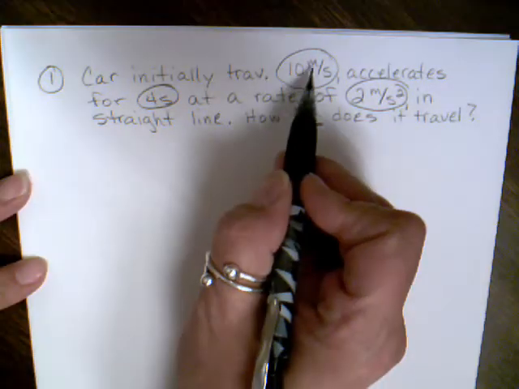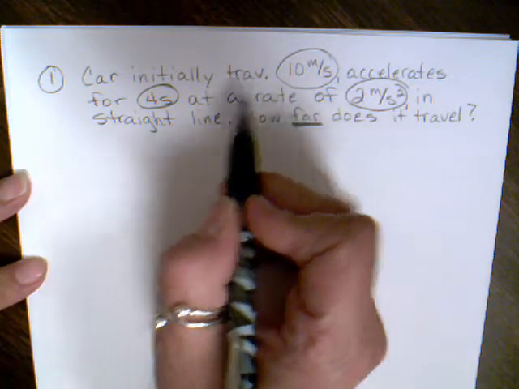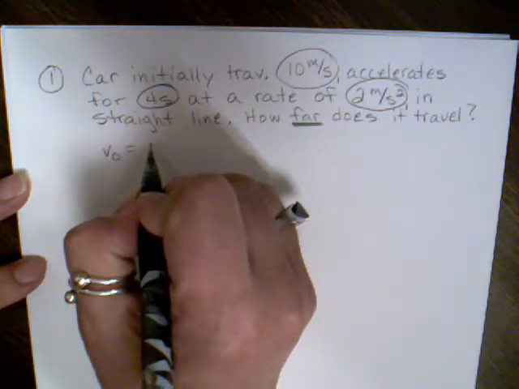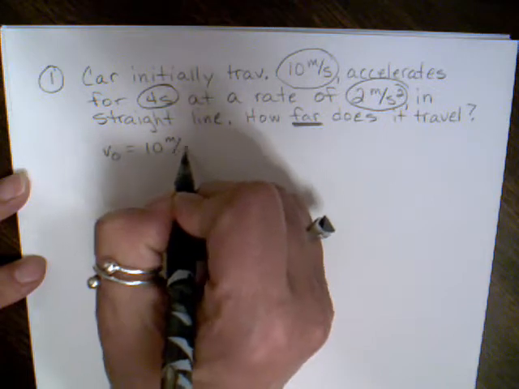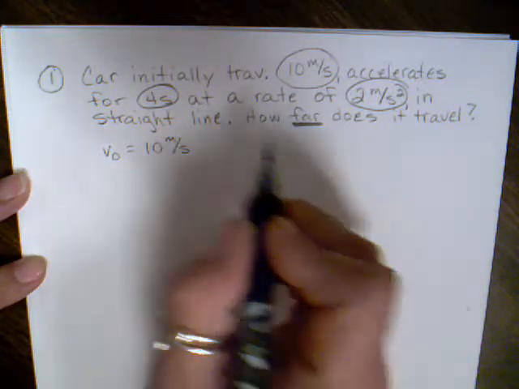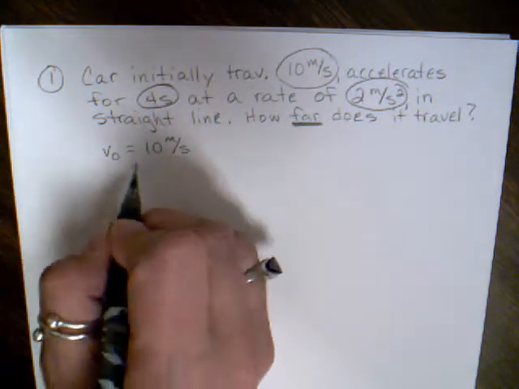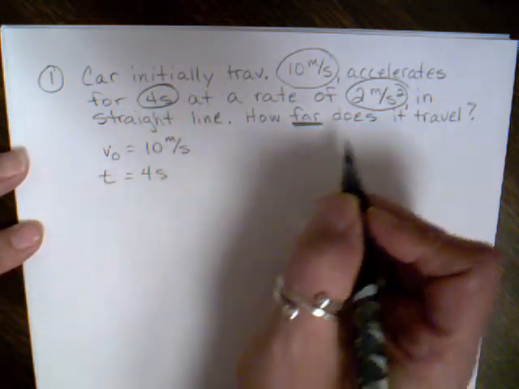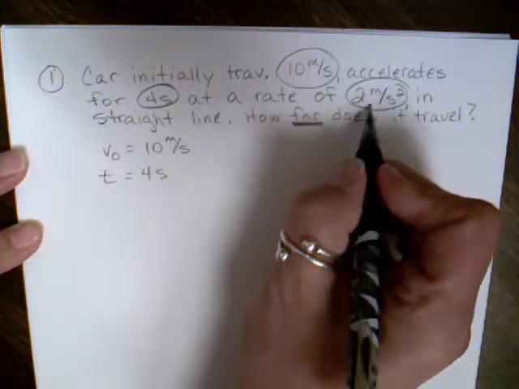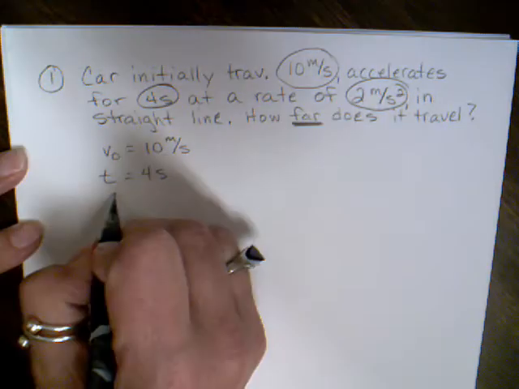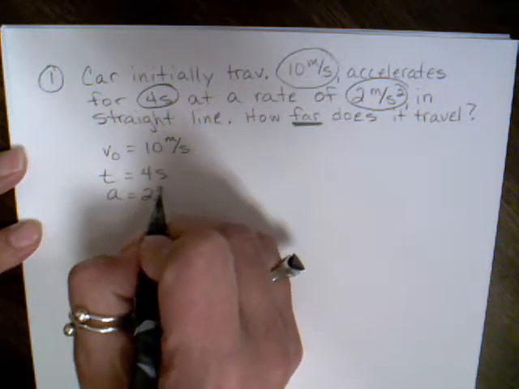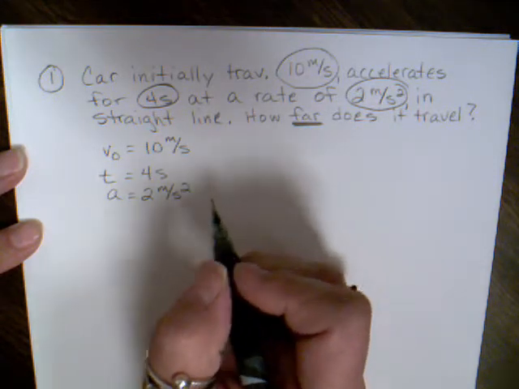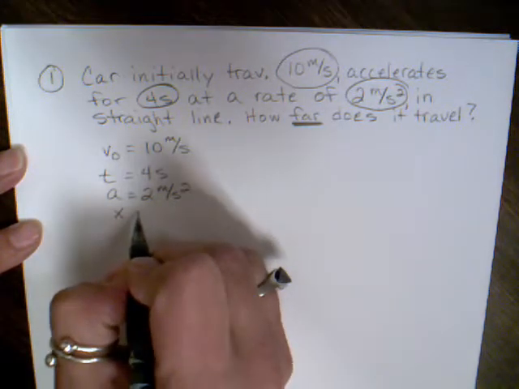This 10 meters per second means velocity. It says it's initial. So that means V naught is going to be 10 meters per second. My time is 4 seconds. My acceleration, meters per second squared, tells me its acceleration is 2 meters per second squared. And I'm looking for X.